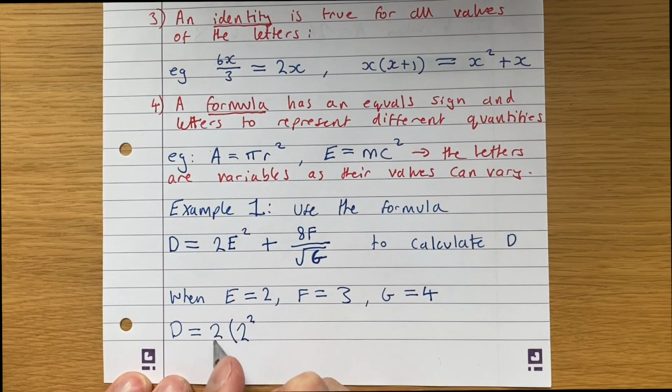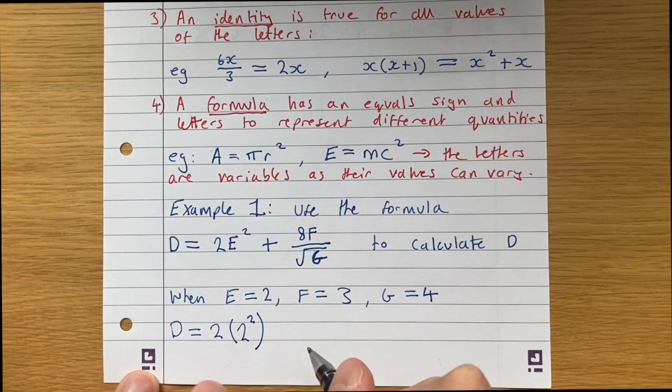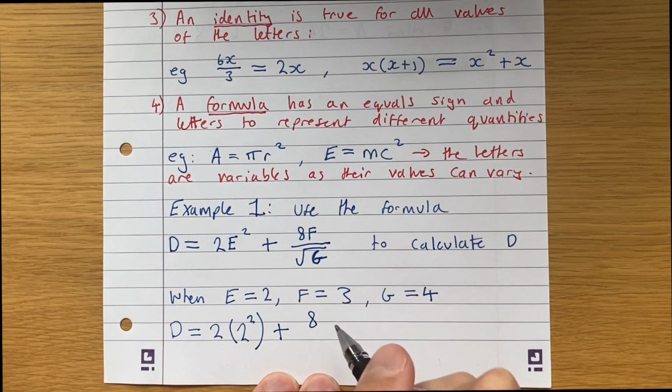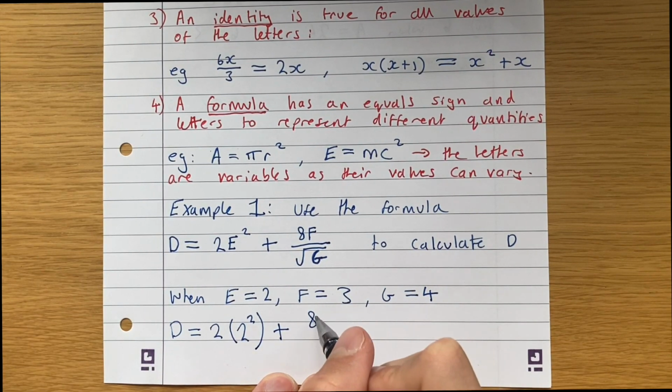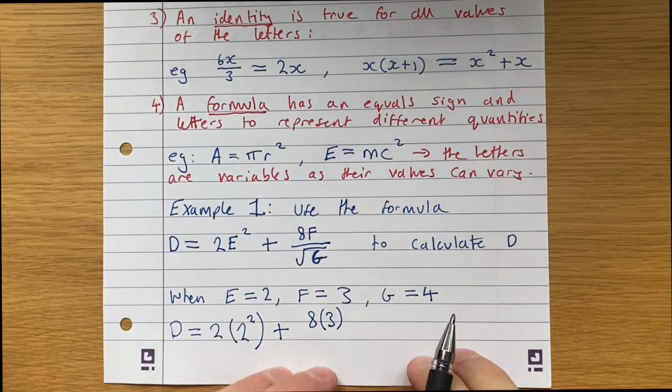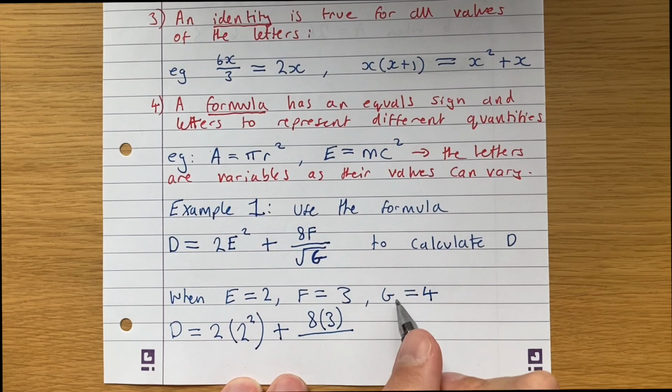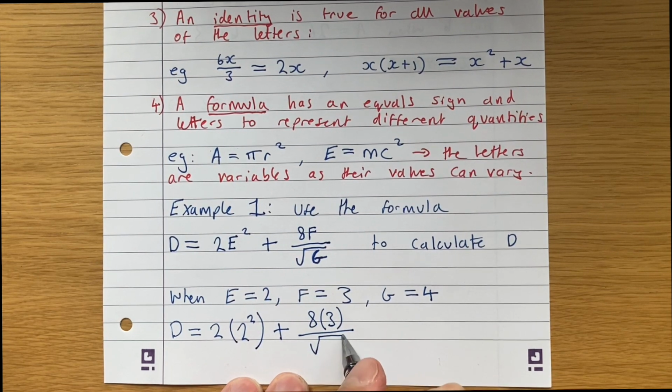So we multiply 2 by 2 squared plus 8 lots of f. Well, f is 3 in this case. 8 times 3. And we divide that by the square root of g. And g is 4. So we divide that by the square root of 4.